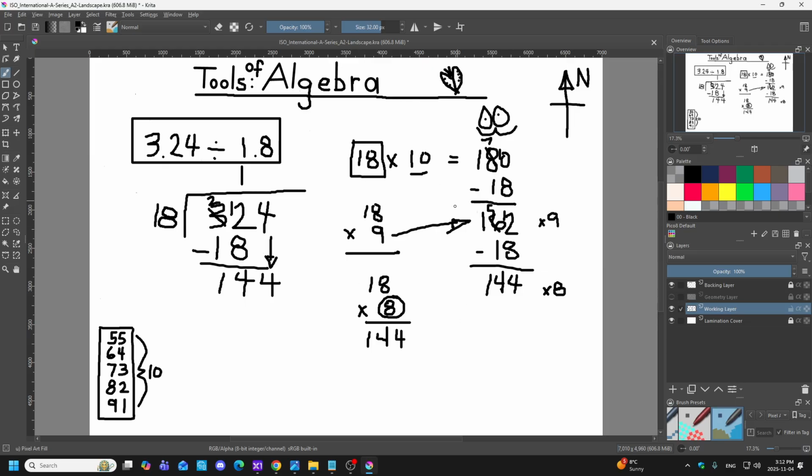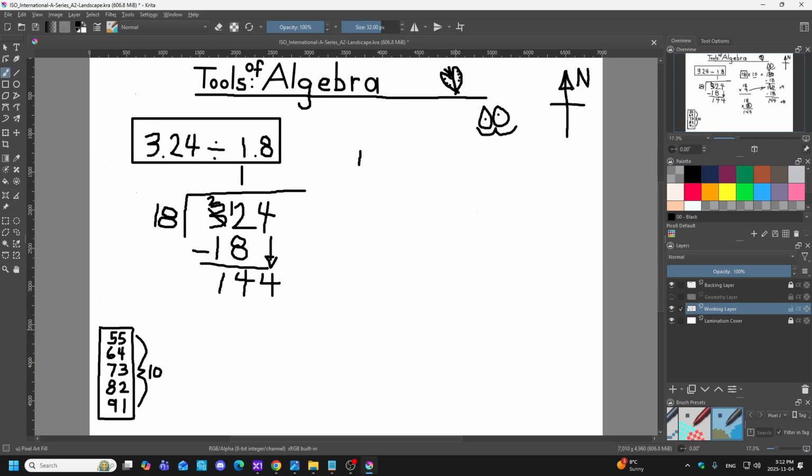So that's doing the long work. I know it's a little bit of work, but it's good practice. And I also believe in you. So, 18 times 8 equals 144.